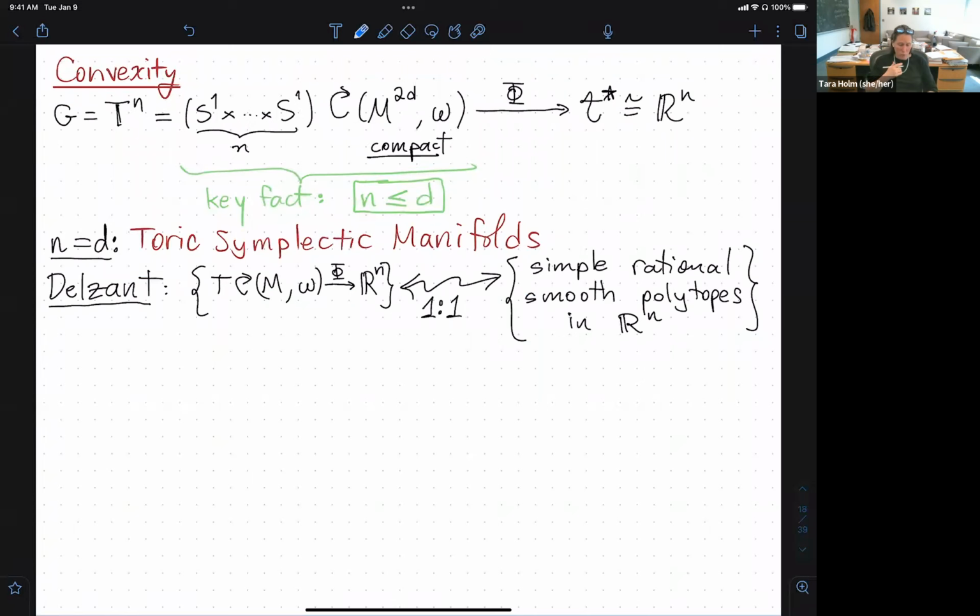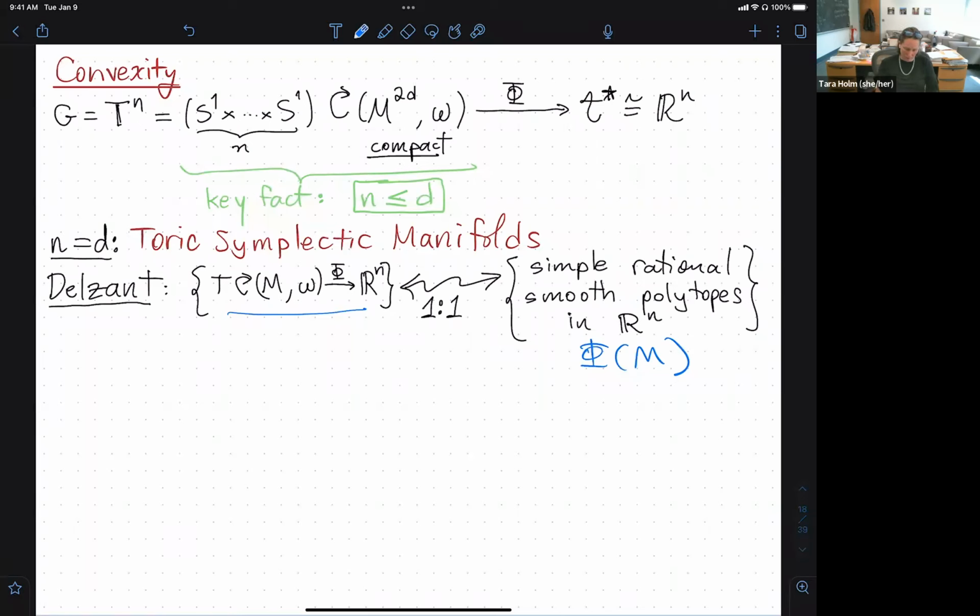In the case when you have equality, so precisely a half-dimensional torus is acting on a manifold, there is a theorem of Delzant precisely classifying these toric symplectic manifolds in terms of the combinatorial data, phi of M. The theorem is that toric symplectic manifolds are in one-to-one correspondence with certain polytopes.